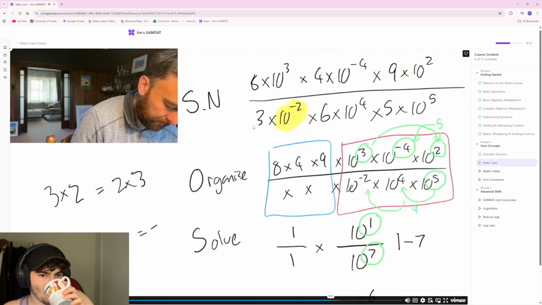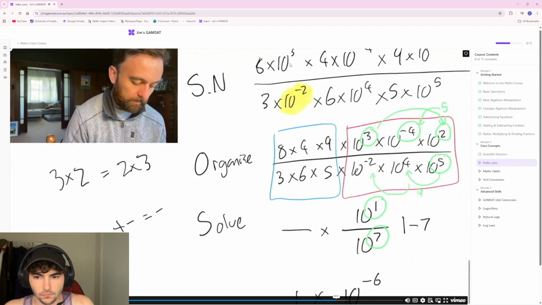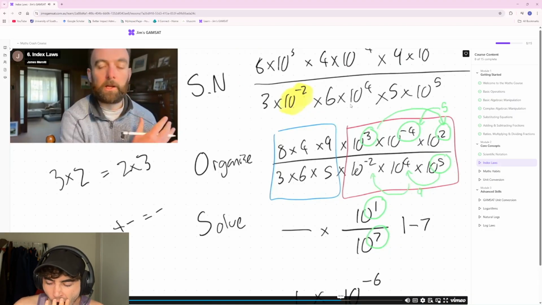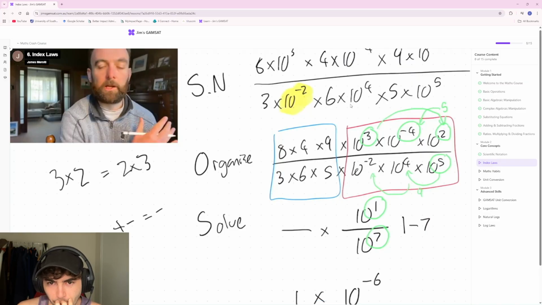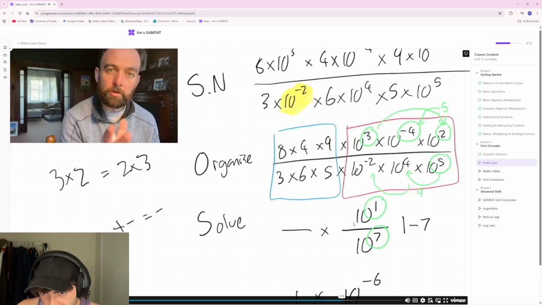So we get 8 times 4 times 9, 3 times 6 times 5 in the denominator. So how I like to do this is just make the maths easy. So this is what I was talking about before. It's not going to matter if we change one of these numbers a little bit. It's not going to get us from 100 to 1,000 or something like that, which is usually how far the answers are apart.